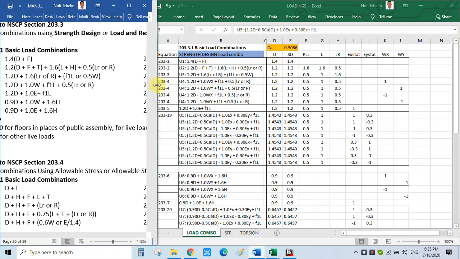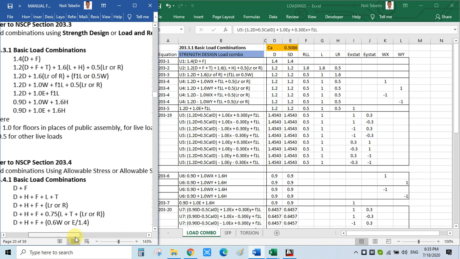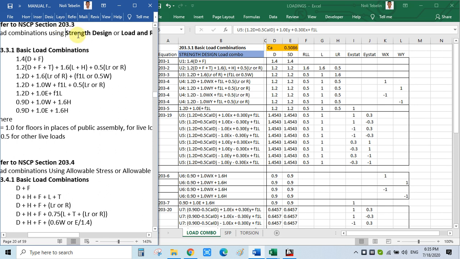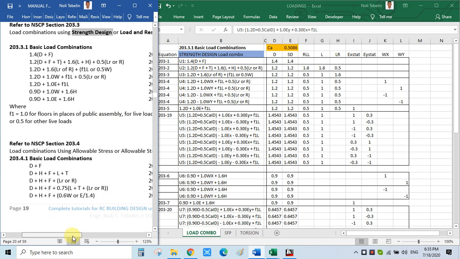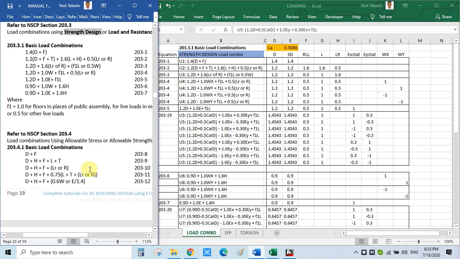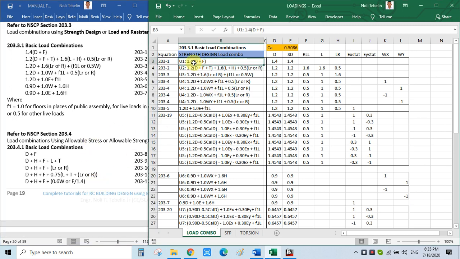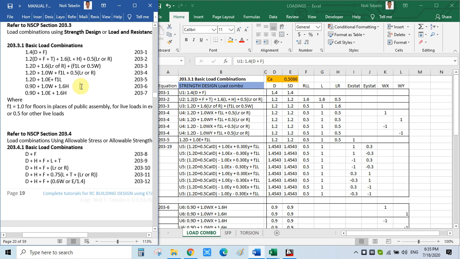So in strength design, for equation 203-1, 1.4 dead plus 1.4 F. F is loads due to fluid.